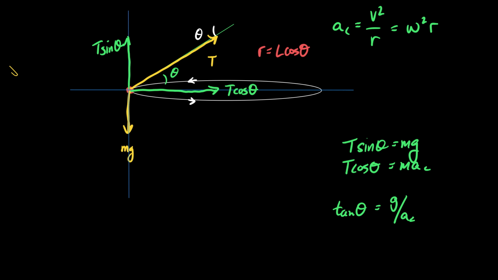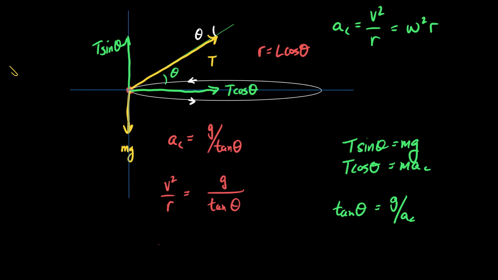So if I solve this for a_c, I'll get g over tangent theta. And if I want to find the linear velocity, then v squared over r equals g over tangent theta.